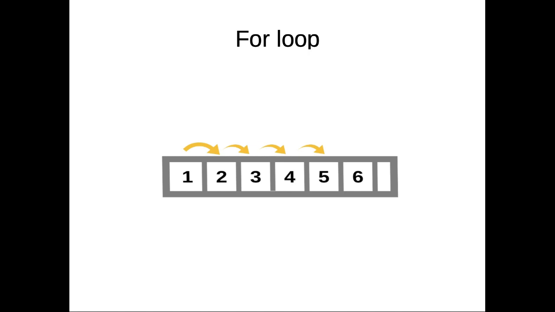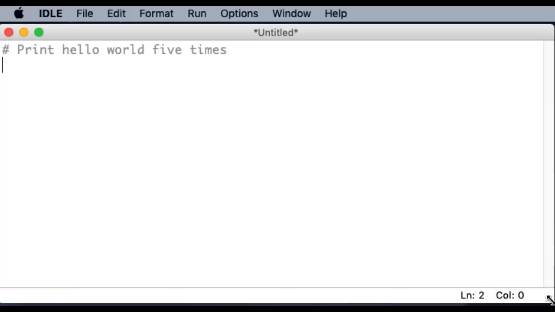Let's create a really simple program to print Hello World 5 times. First you write the keyword for. And then specify a variable which will represent a different value of the list in every iteration.